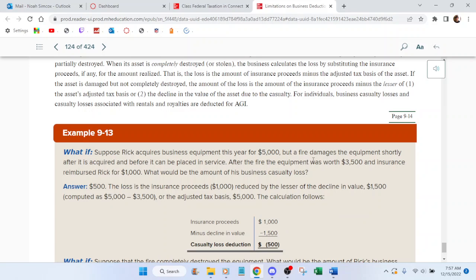How could the decline in the value of the asset be more than the tax basis? I guess it's because it apparently went up in value after the tax basis, and then it went down so far below.